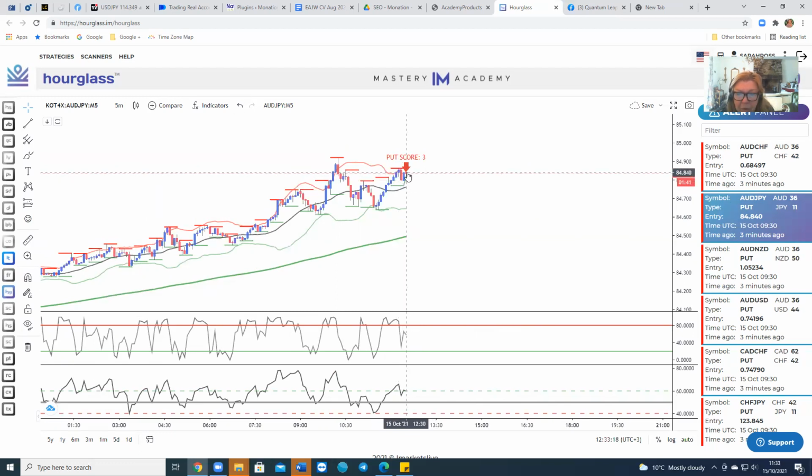So a put score of 3, but we've got 36 to 11. It's called at 840 and it's just at the 836 level, but it's right up at our Bollinger Bands, but it's just a little move in the middle there, not quite up as high as I would like.